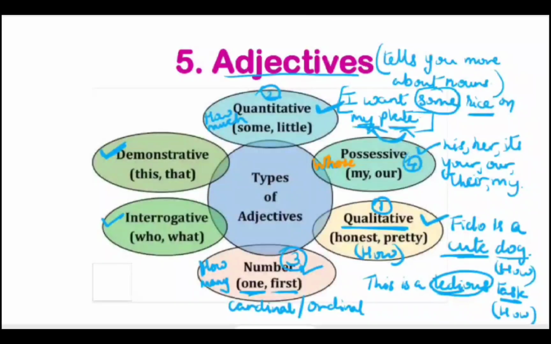Then coming to demonstrative, all the same words that we did in demonstrative pronouns, which are this, that, these, and those. Yes, what exactly happens here? This book is mine.